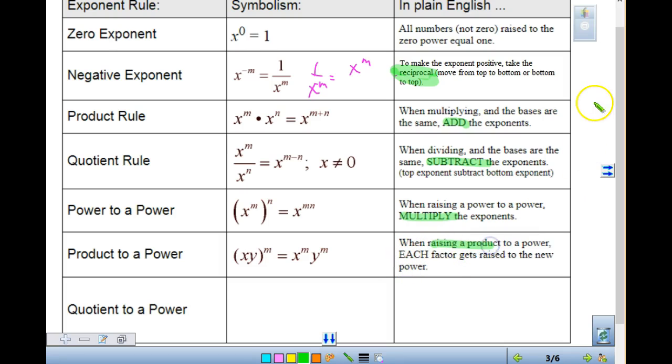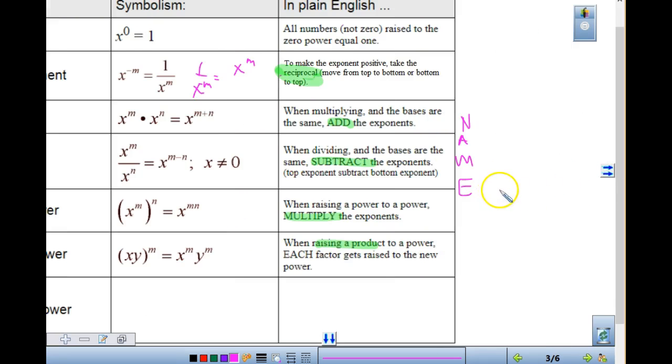Okay? This is where I was talking about a mnemonic to help you remember. When you have exponents raised to an exponent, so here, x to the m raised to the n, what should you be doing with those two? You should multiply them.